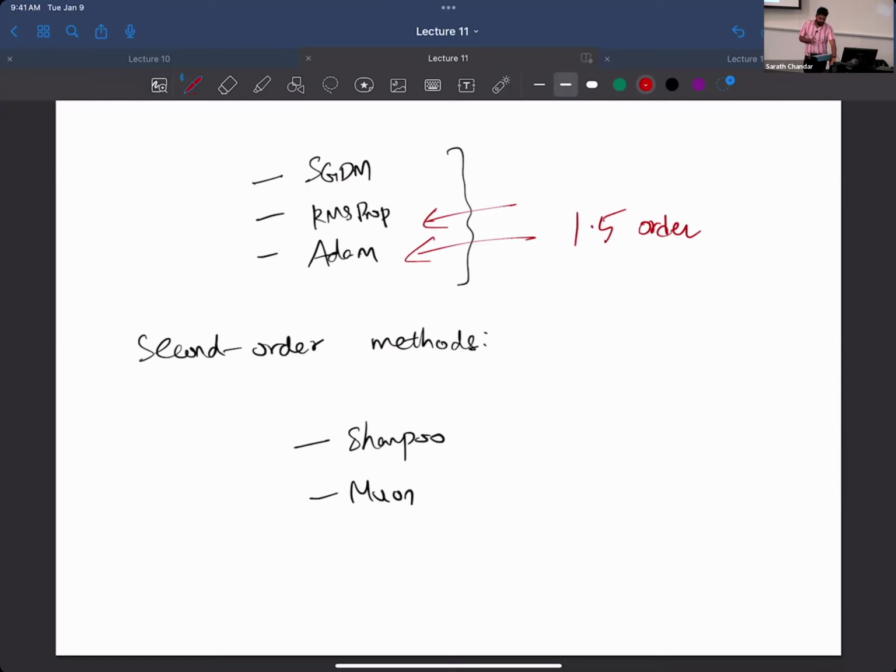Any question so far? Now, if you use modern machine learning frameworks like PyTorch or JAX, almost all these optimization methods are implemented for you.